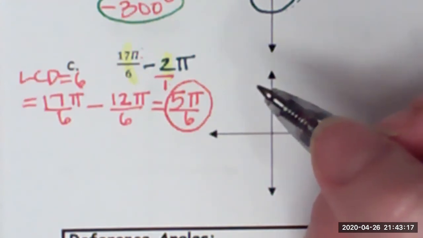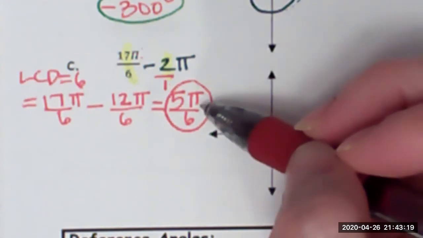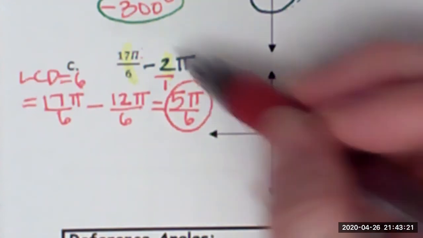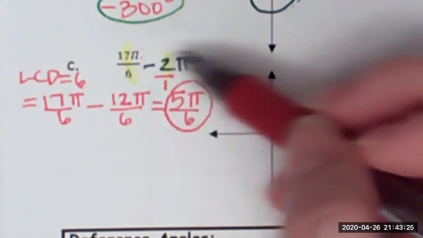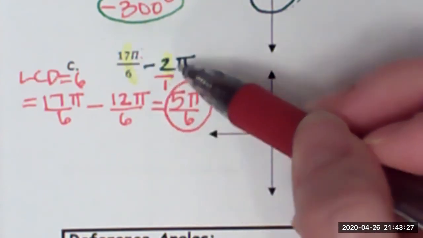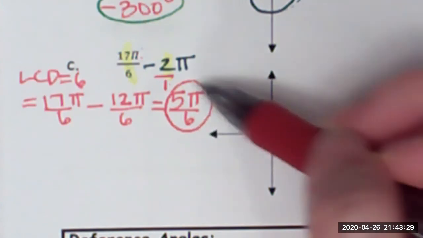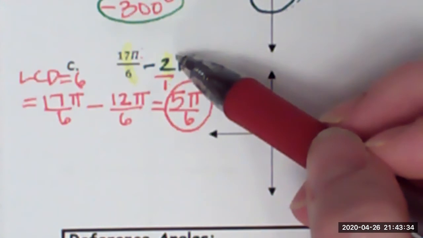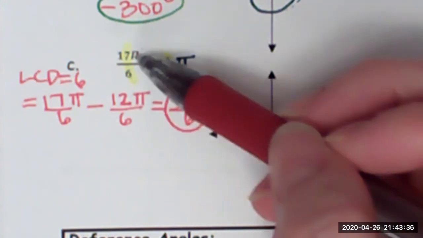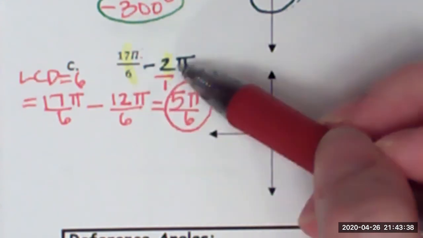And that gives me a positive measurement here, because you notice that 17/6 was 2 5/6 pi, so that was over 2 pi. So when I subtracted 2 pi here, I got one positive angle. I could have added 2 pi, I could have added 12/6 and gotten 29/6 pi as a coterminal angle, but I chose to subtract.